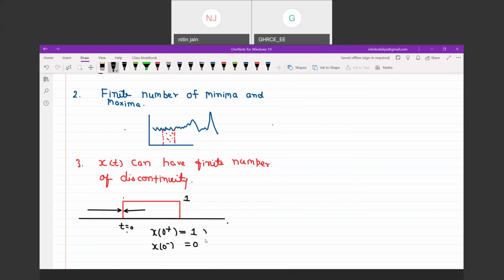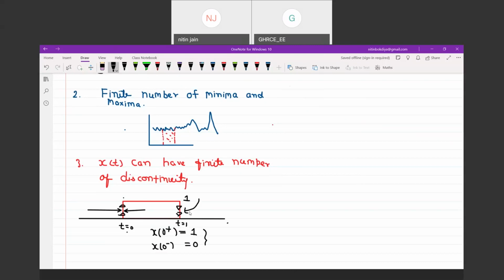So this function is discontinuous at this point. Or you can say it's discontinuous at t equal to 1 also. This function is discontinuous at t equal to 0, and also at t equal to 1. This is the point of discontinuity.